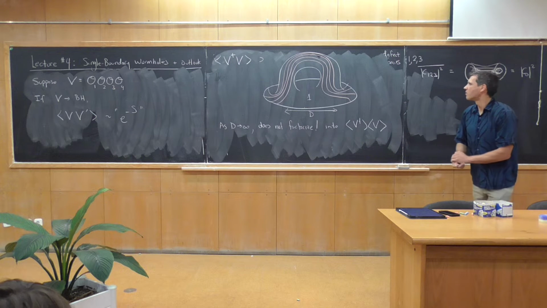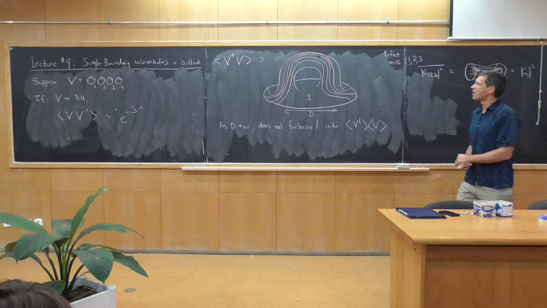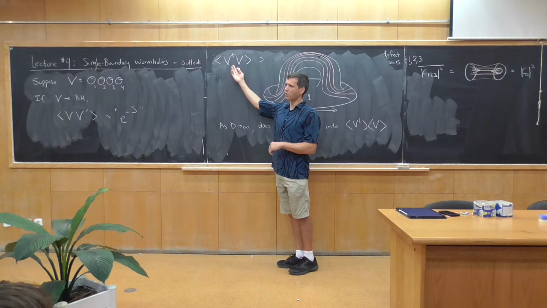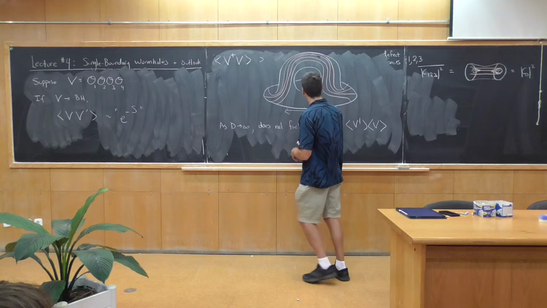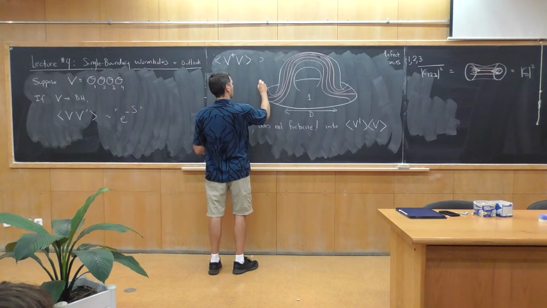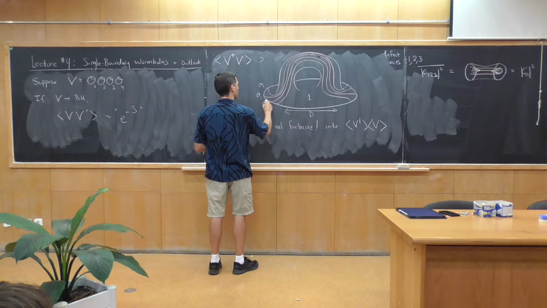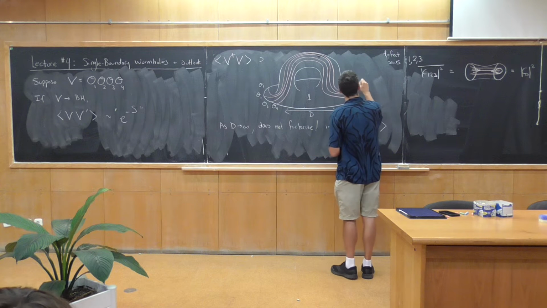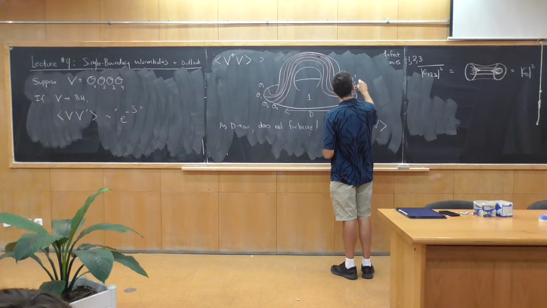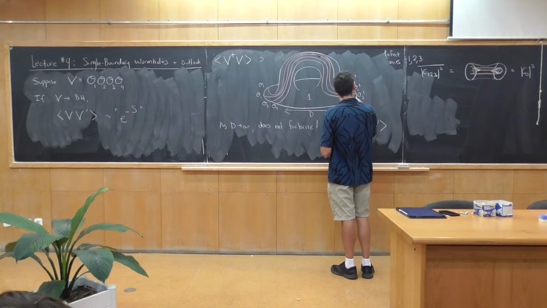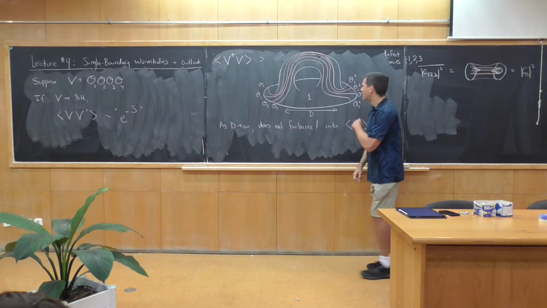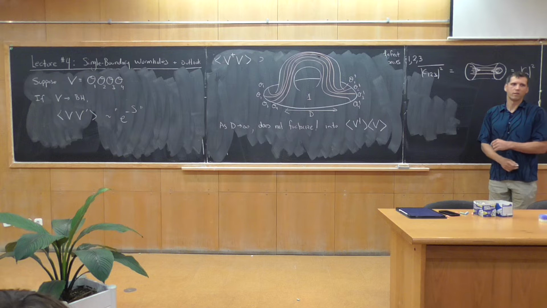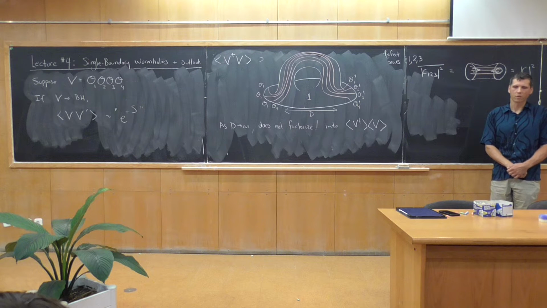Okay, so what I want to think about in particular is the case where V is charged. If V is a charged operator, then let's say you have operators O1, O2, O3, O4, and on the other side you have O1 dagger, O2 dagger, O3 dagger, O4 dagger. Then with a wormhole like this, you can calculate this contribution.